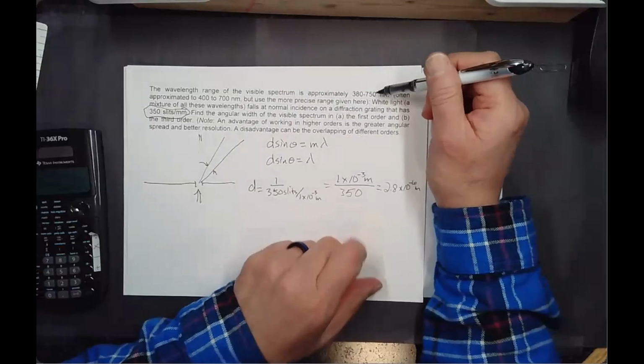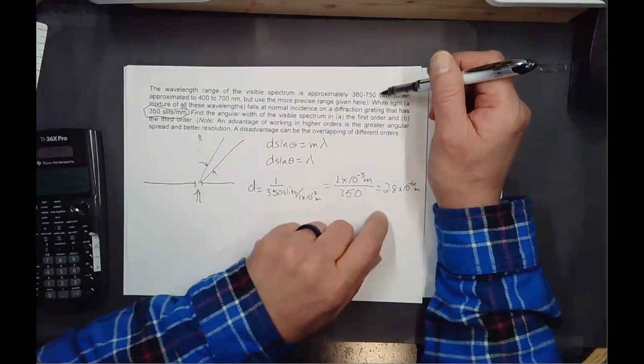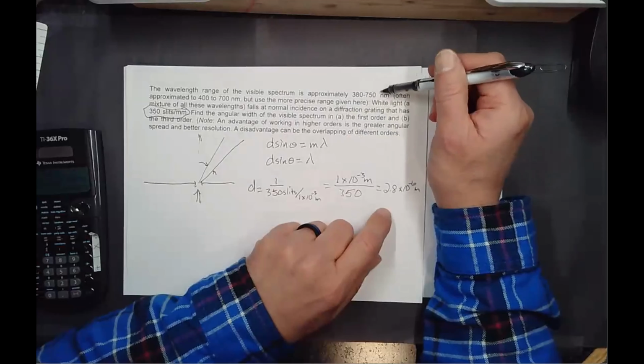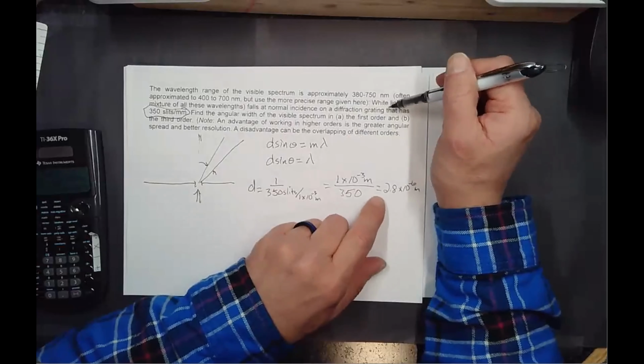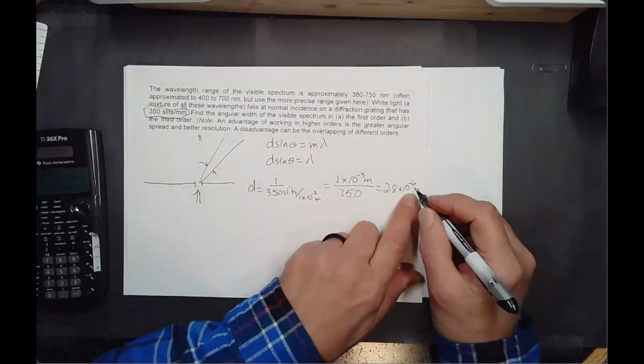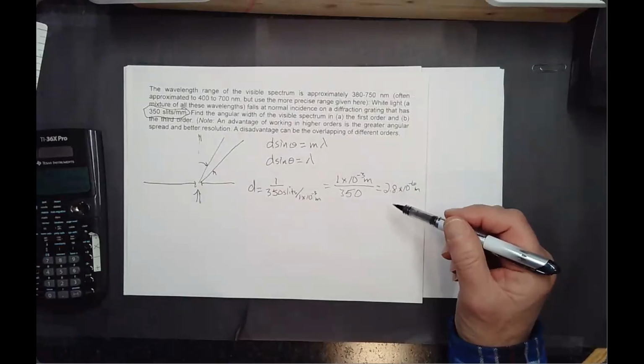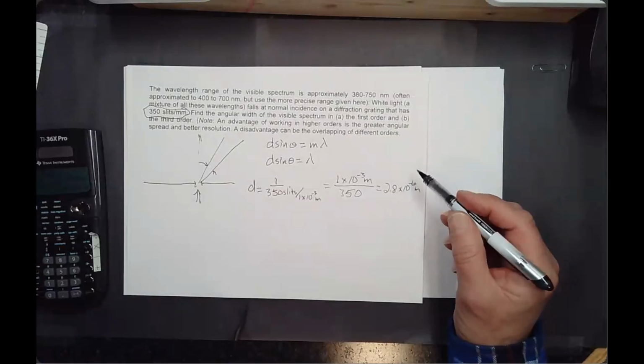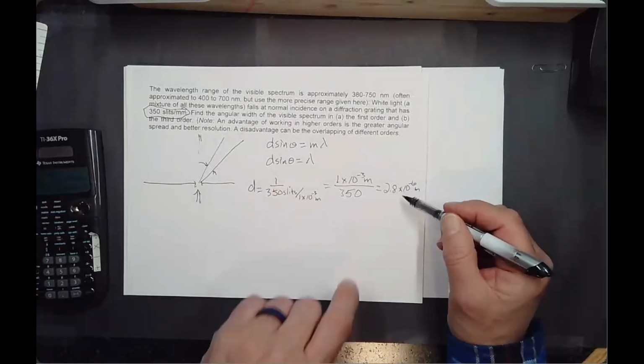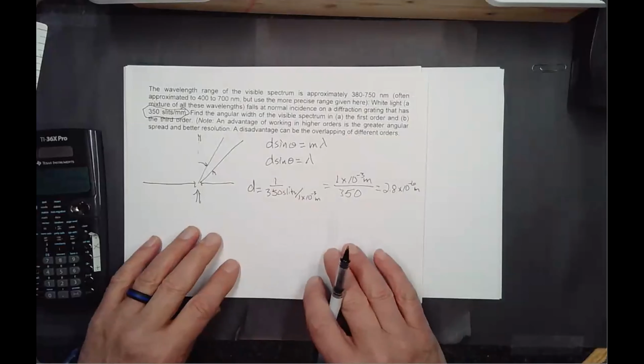Actually, 750 nanometers is 0.75 times 10 to the minus 6 meters. So this doesn't tell us how wide the slits themselves are, but we've got that anyway.